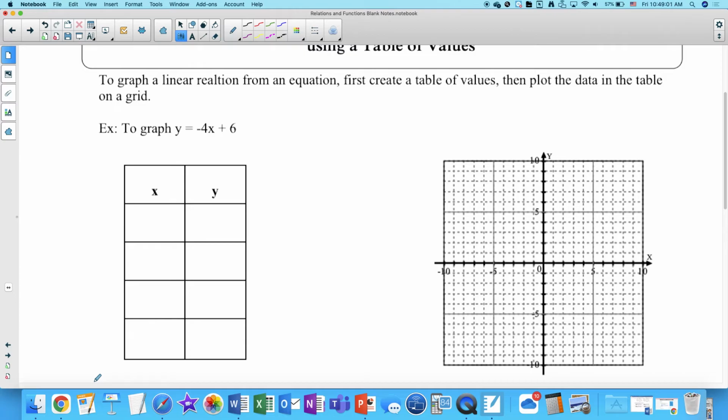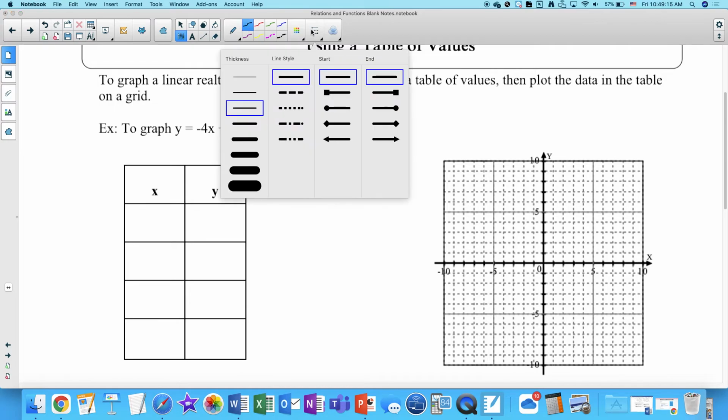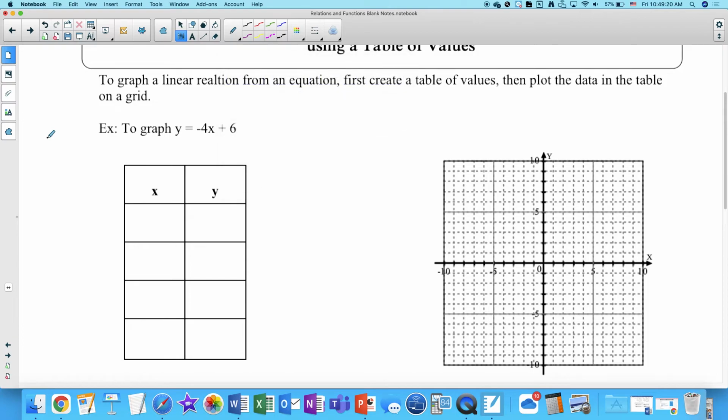But at this point, all that we can do is use a table of values. Okay, so I've got an equation, y equals negative 4x plus 6. And I am going to try and come up with some points that would go on this graph. Now, when you are doing this, pick any values you want for x, and you can pick them randomly.